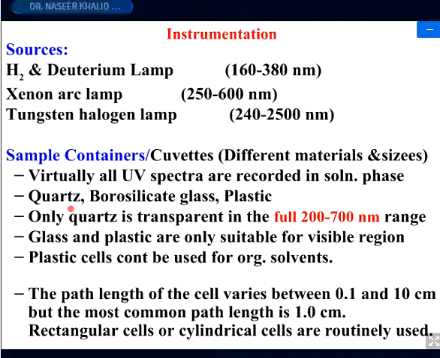Now, the cell material could be quartz, borosilicate glass, simple glass, or plastic. These are the materials generally used in manufacturing the containers, that is, the cell of the UV visible spectrophotometer.